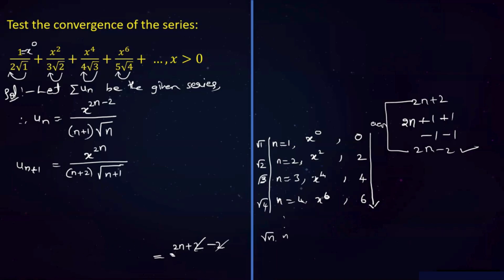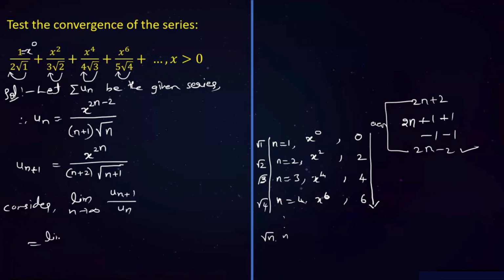Now, from this term, let us proceed for that limit. So consider the limit as n tends to infinity of un plus 1 divided by un. It is equal to the limit as n tends to infinity. See how much is un plus 1?